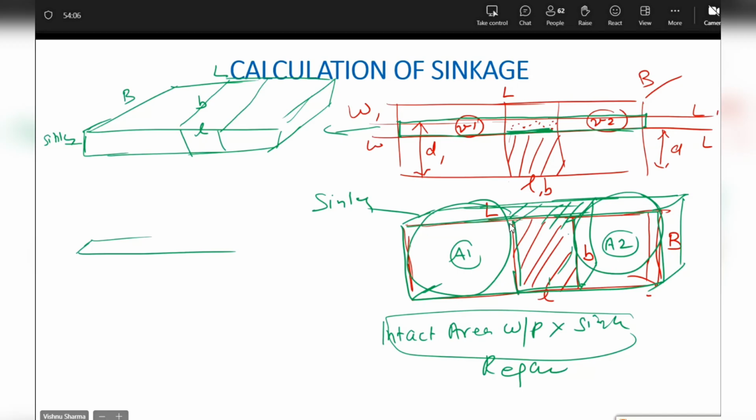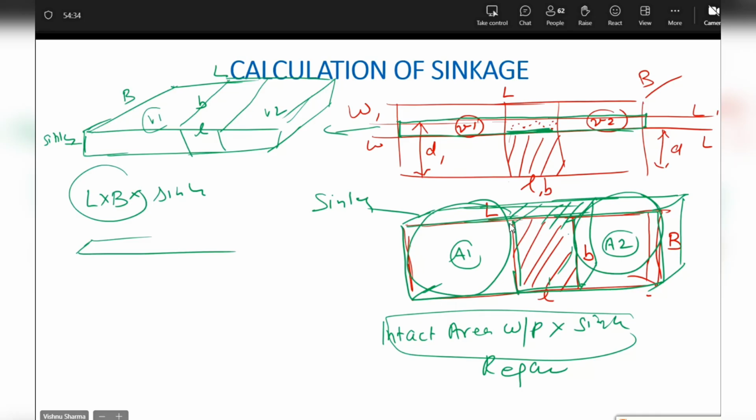Yes, sir. Okay, then what will you do? If I ask you what is the remaining volume, you will say, sir, either add V1 and V2. Perfect. But don't you think the easier way would be, first, when you said the volume of the whole book was L into B into sinkage. What was L into B? That was the area of the whole page. Am I right? Yes, sir.